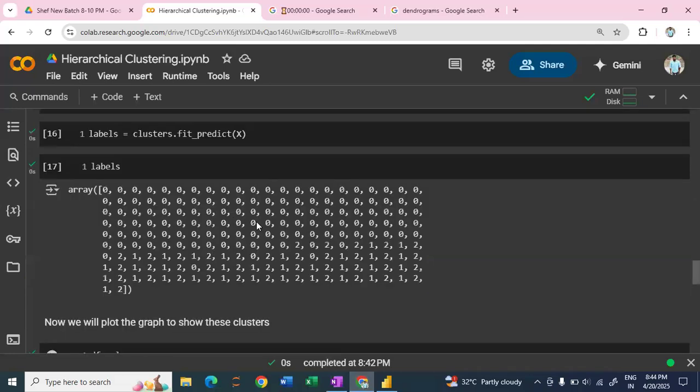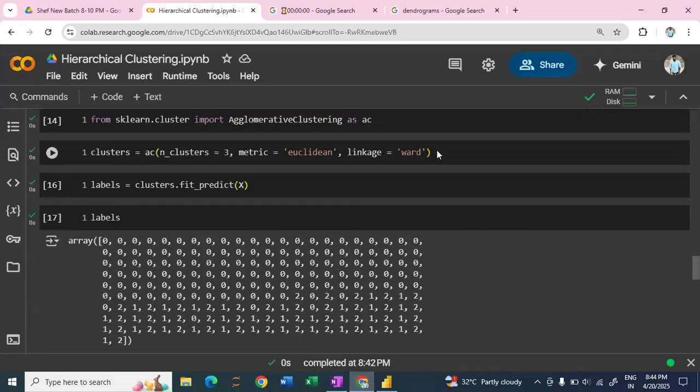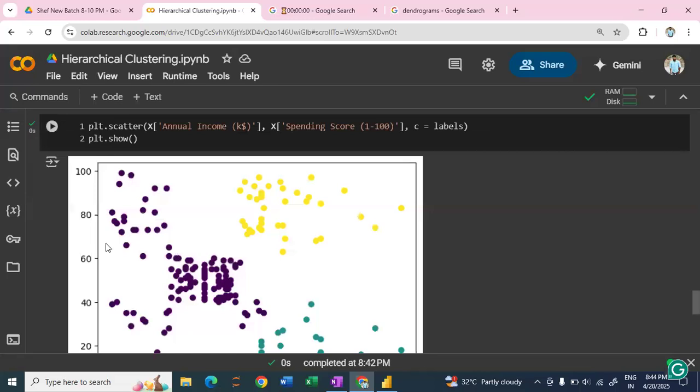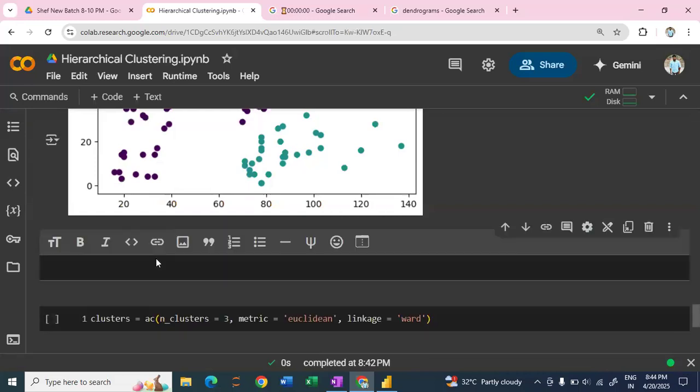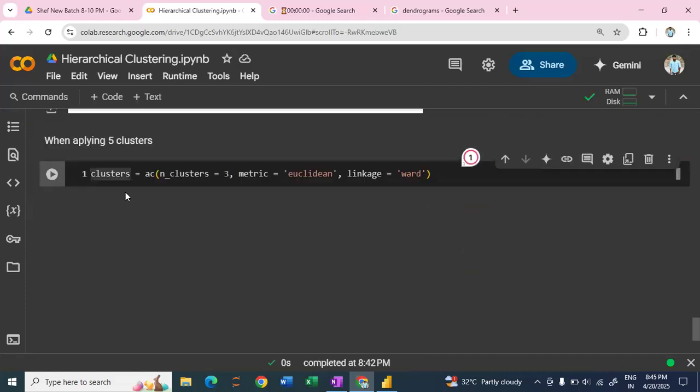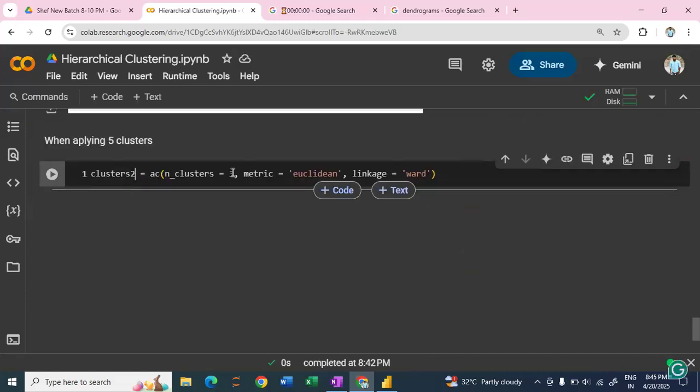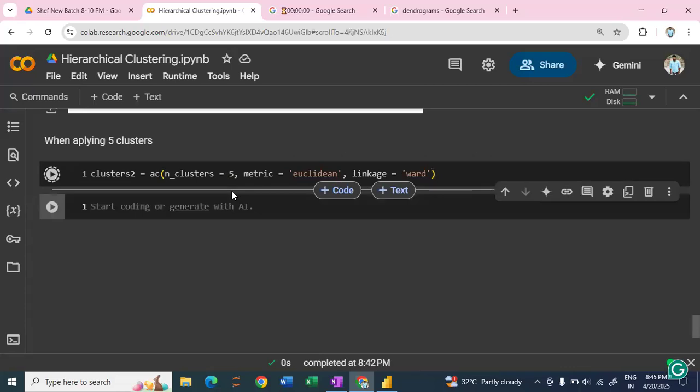So what I'm doing, just copy this, Control C. When applying 5 clusters, clusters 2 is equal to, and n_clusters is equal to 5. Just run it.